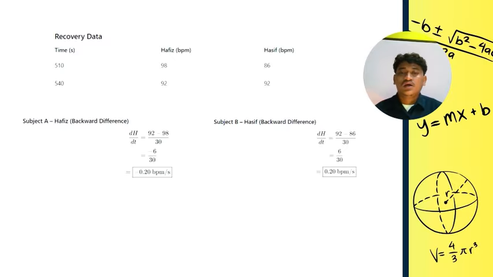For subject A, 92 minus 98 over 30, and we get negative 0.20 beats per minute per second, and for subject B, 92 minus 86 over 30, and we get 0.20 beats per minute per second. There was a difference between the two people: as you can see from the result, negative for subject A and positive for subject B.